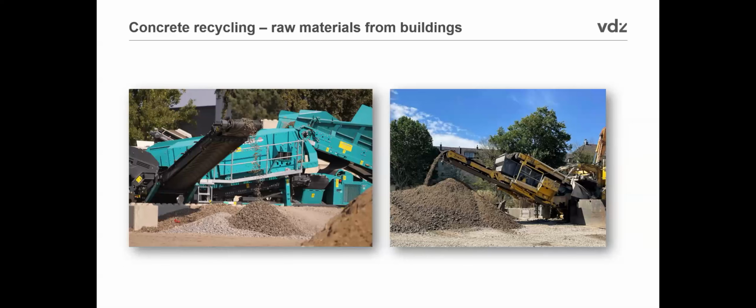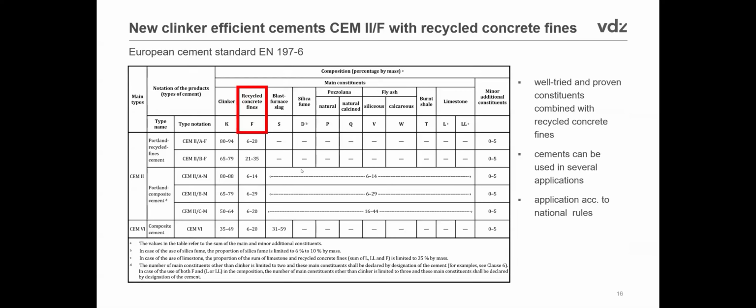And by the way, if you let this material sit there exposed to ambient air or enriched CO2, it can even take up CO2. This is what I mentioned before as recarbonation, which is very, very good, with respect to not only using the material as such, but also reabsorbing CO2 and thereby contributing to lowering CO2 emissions. And I will not bore you with too many slides from our cement standard, but this is a cement standard, and it includes in part the recycled concrete fines.